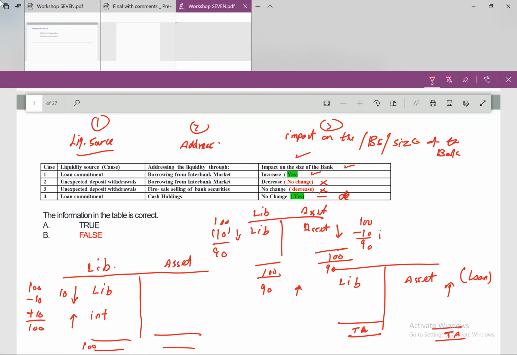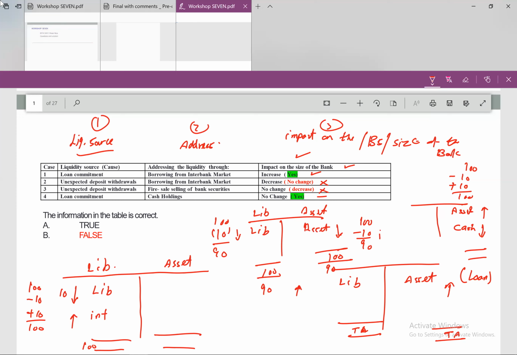So you have an asset. Yeah, the asset, the loan commitment, increases, and the cash decreases by the same amount. So if it is 100, there will be a drop in the cash of 10 and an increase in the loans of 10, still the same. So the answer is no change.